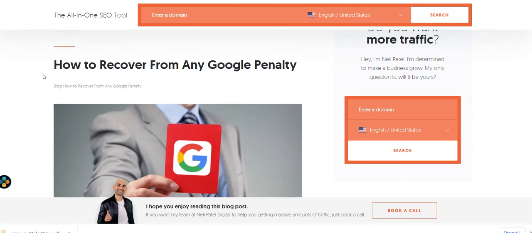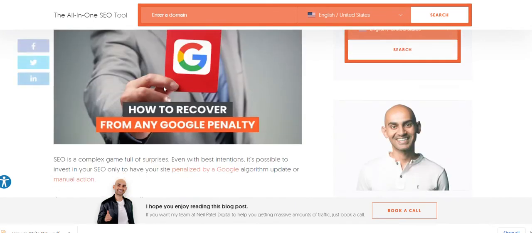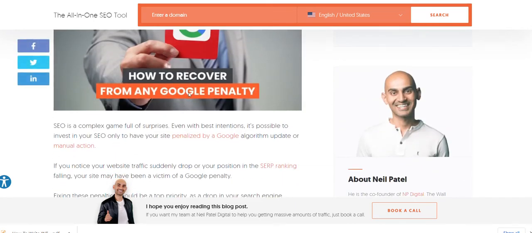It can be how to recover from a Google penalty, how to change the batteries on a certain tool or appliance you're using at home, or how to apply for a certain type of loan.